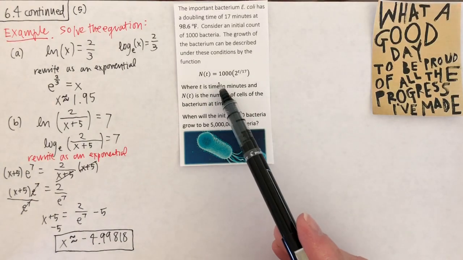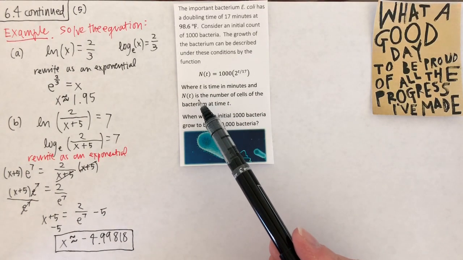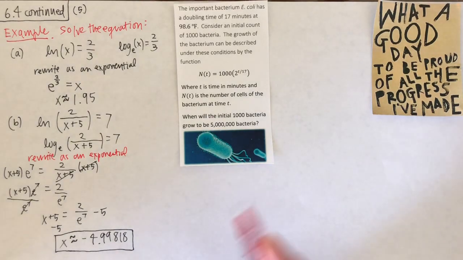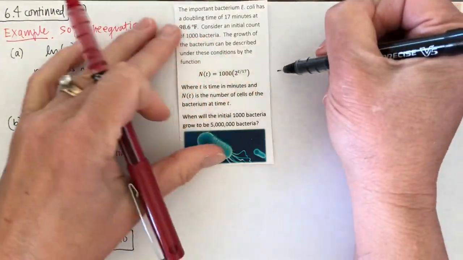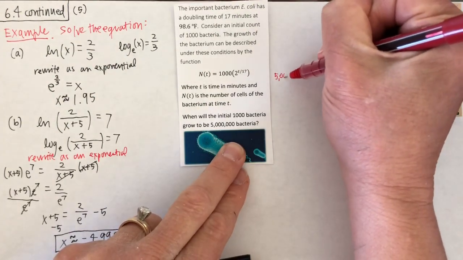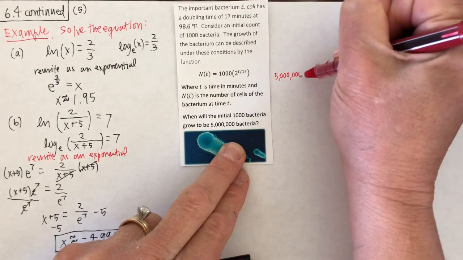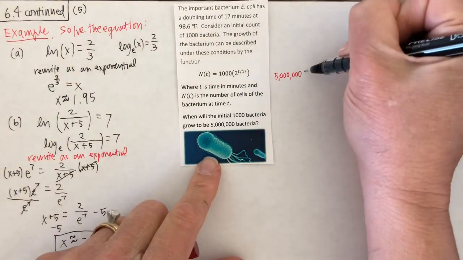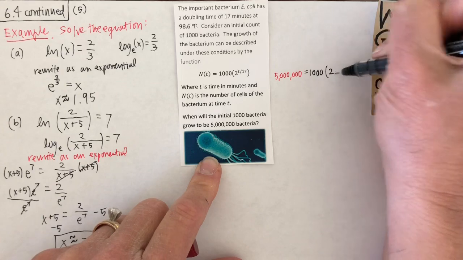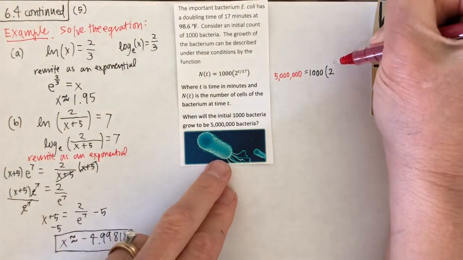Okay, so nice thing is they've given us the formula already. And what we want to know is at what time t does n equal 5 million? All right, so 5 million, the number of bacteria, equals 1,000 times 2, and it's this t that we're looking for.